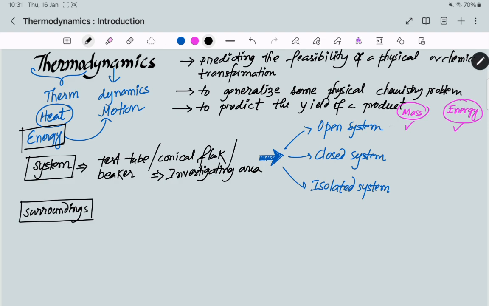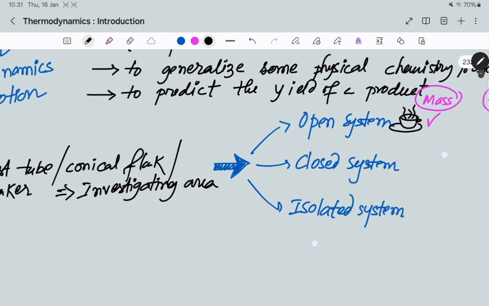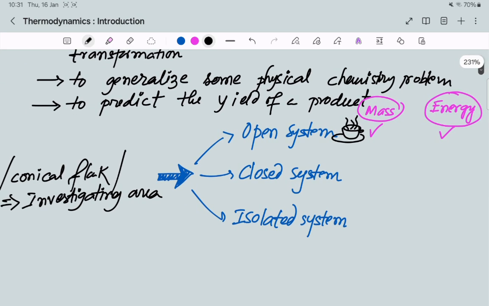Then the closed system. So what will be an example of an open system? For example, one cup of hot tea. Why? Because it is exchanging water vapor, that means mass, and the temperature is cooling down, so it is also exchanging energy.